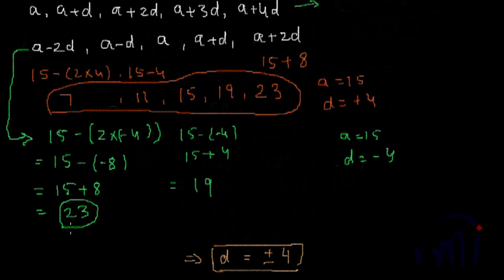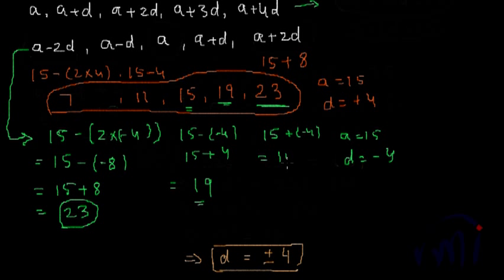This 23, which is the first term if we take d is equal to minus 4, is actually the last term when we take d as plus 4, and this 19 is the second last term, right? And third term will be 15 itself because it is a, and fourth term will become 11 because that is 15 plus minus 4.